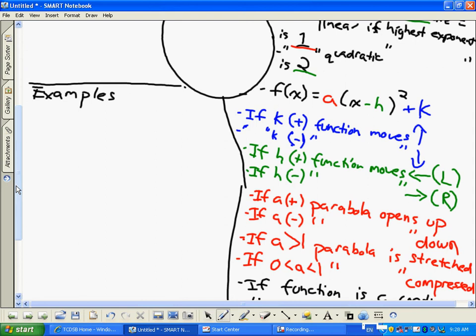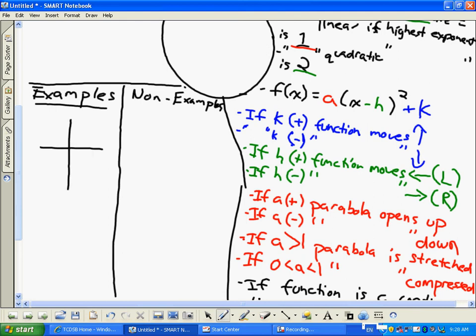A circle would be what, Tom? Not a function. So, we'll split this in half. Non-examples. Okay? Example of a function. We'll just draw a straight line.